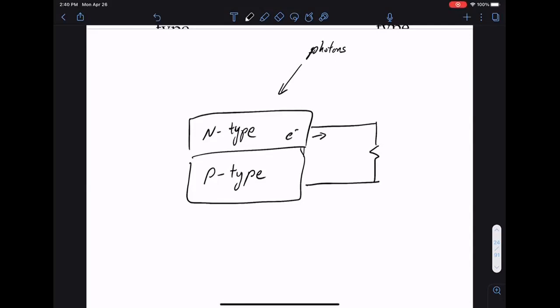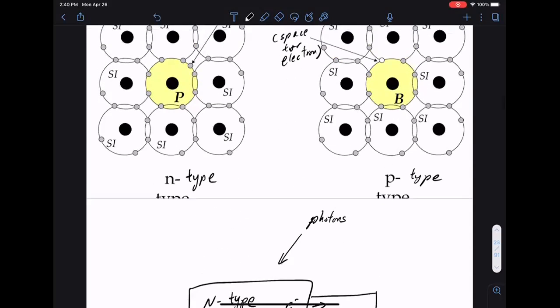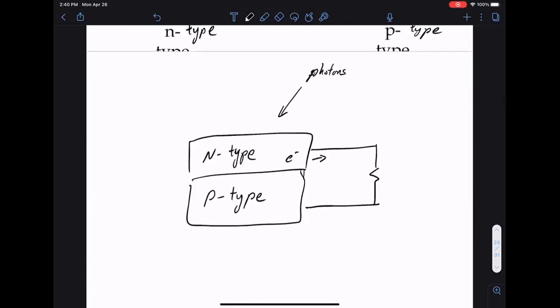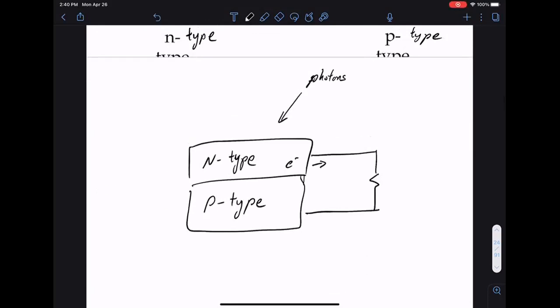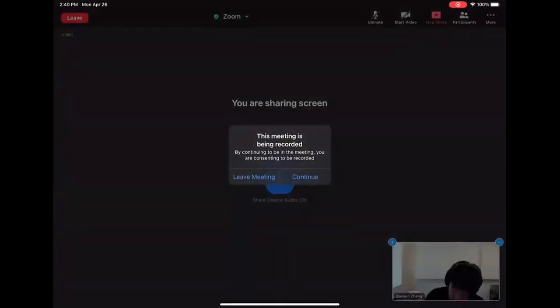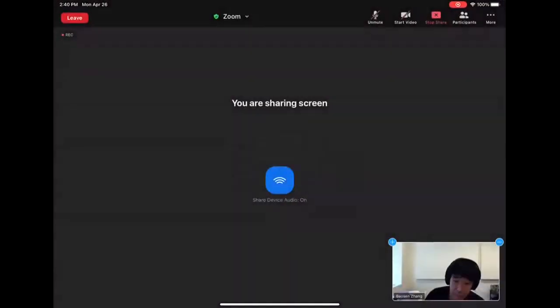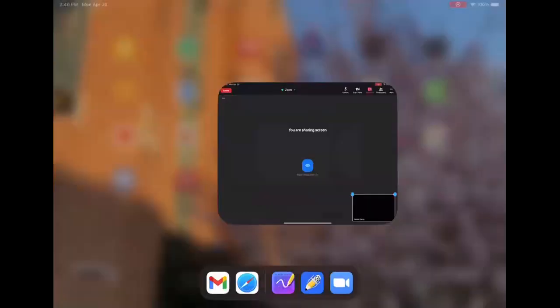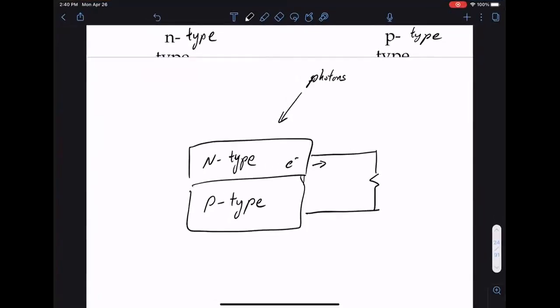Since n-type has extra electrons hanging around, once a photon comes in, some energy of the photon can knock out this electron, and then this electron moves around, and you create this kind of path of the electrons circulating between the two types of materials. So this is how you create current.